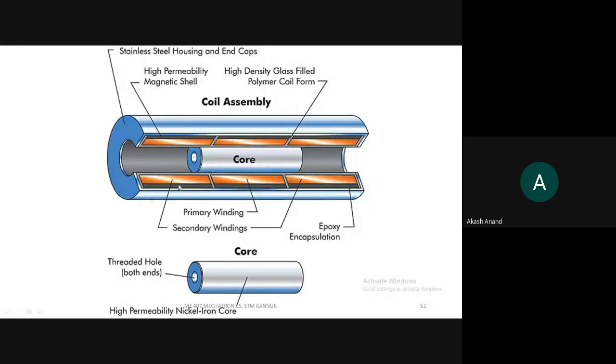Since these two windings are connected in series and in opposing way, when the position of the core is at the center, you will get 0 as your EMF. I think it is clear.